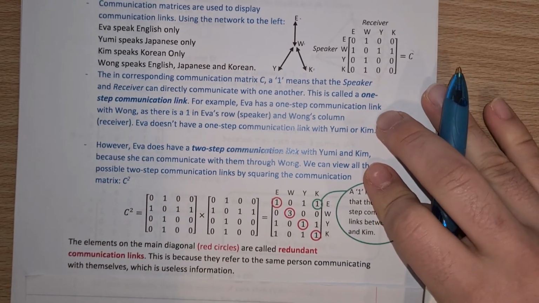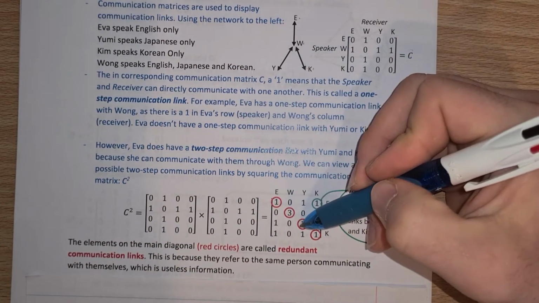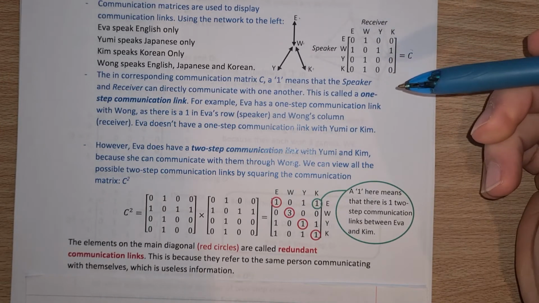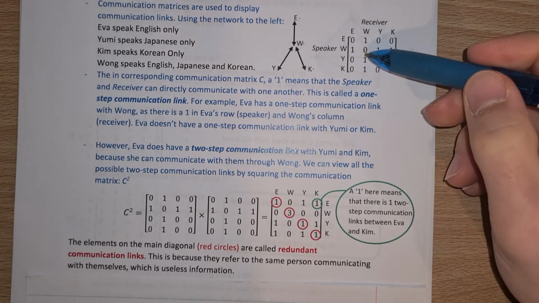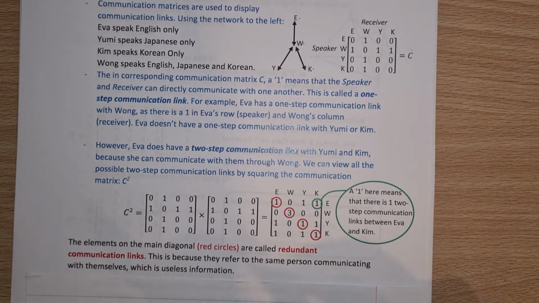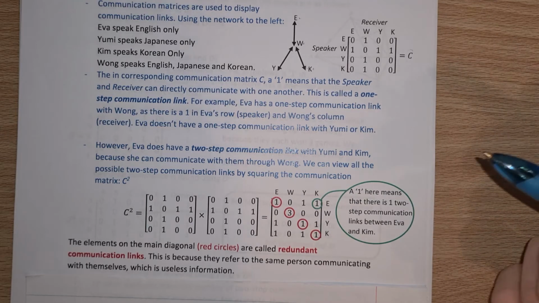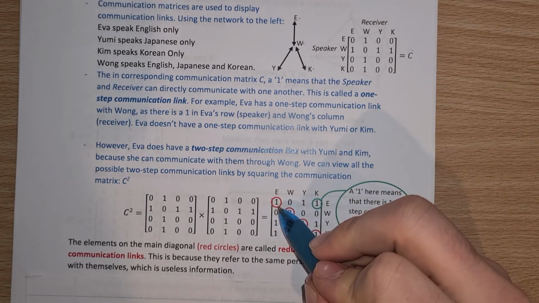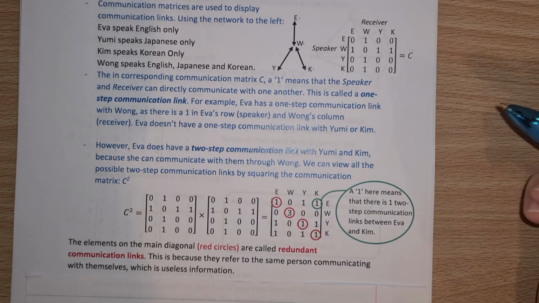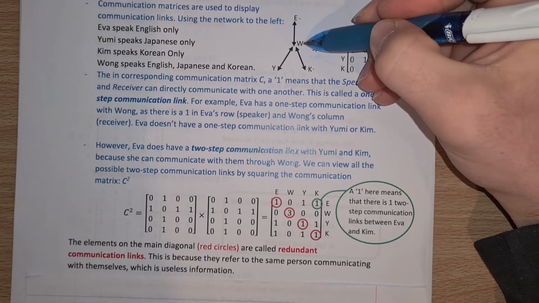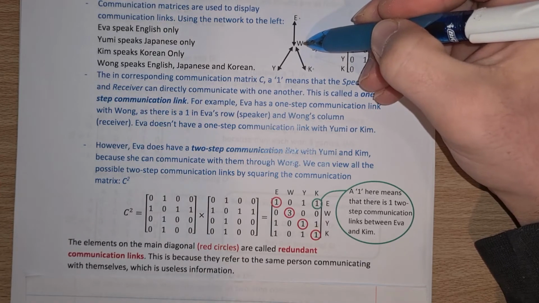It should be noted that the elements on the diagonals, which we've shown in the red circles, are called redundant communication links. Similar to why there's zeros up here, because they refer to the same person communicating with themselves, which is pretty much useless. So what I mean by this is Eva has got a 1 2-step communication link with herself. So what that means is Eva could speak to Wong, and Wong could pass that message on back to Eva.